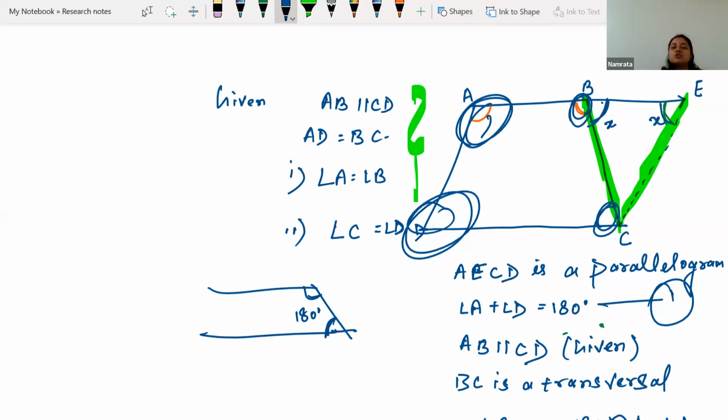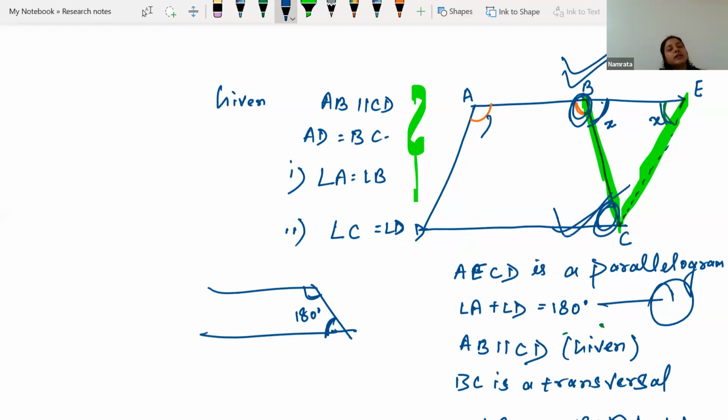Similarly, the sum of this angle and this angle will also be 180 degrees. Now we are just comparing both equations. Already we have proved that angle A and angle B are the same, so we are using the condition which we proved in part A. And then we ended up getting angle C is equal to angle D. Is it clear?